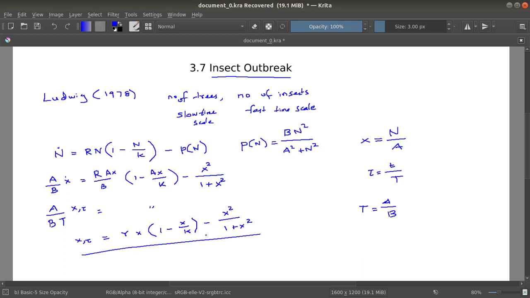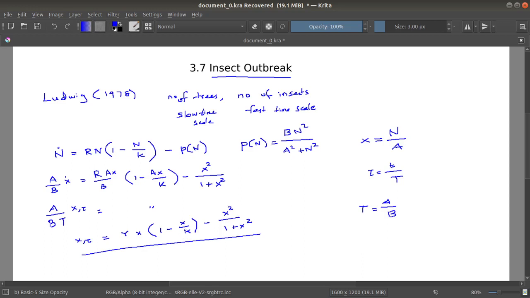Now we have only two parameters, one is r and another one is k, and these parameters are also dimensionless. This is somewhat like a growth rate or birth rate of the insects, and k is somewhat like a dimensionless carrying capacity.